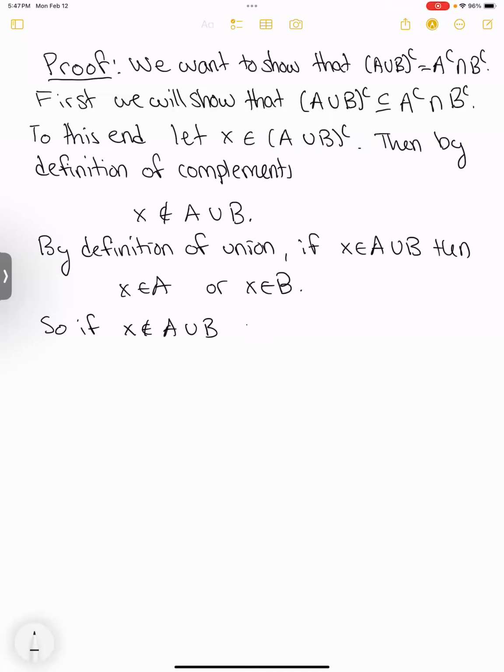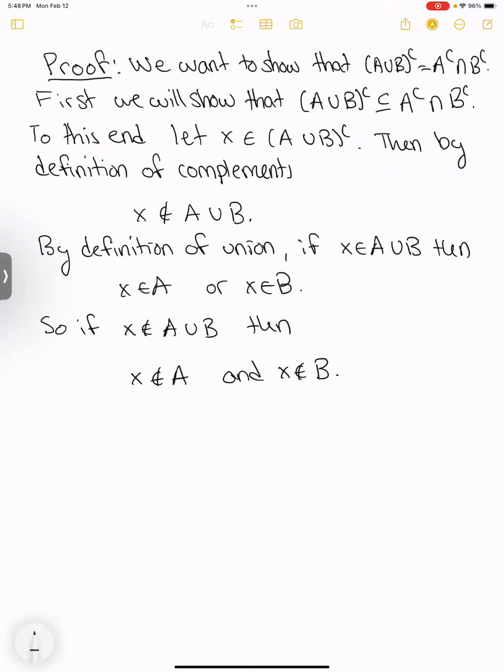Because if it was in A, then it would be in the union. And if it was in B, then it'd be in the union, right? And since it's not in the union, it must be the case that X is not in A and X is not in B.